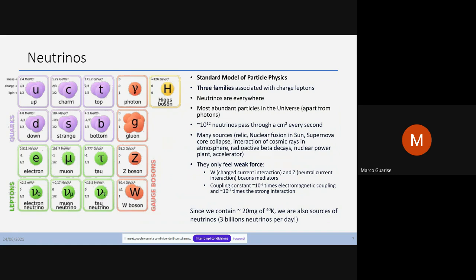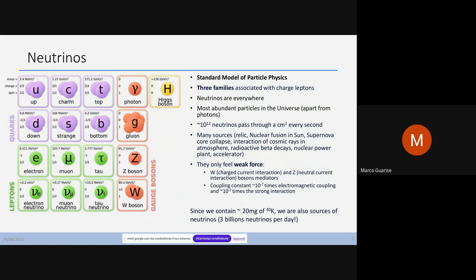There are three families associated with the charged leptons, so we have the electron neutrino, the mu neutrino, and the tau neutrino. And they are the most abundant particles in the universe, except for photons. The important thing I would underline is that they only interact with the weak force.